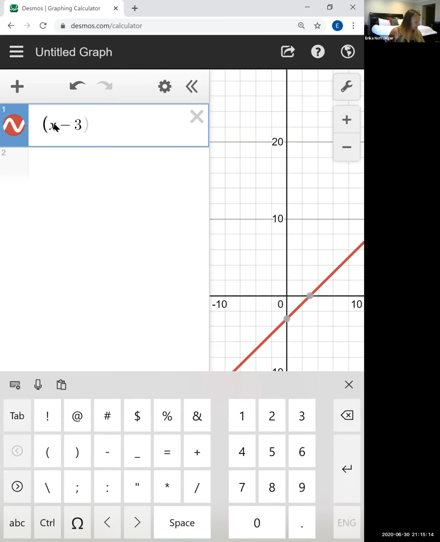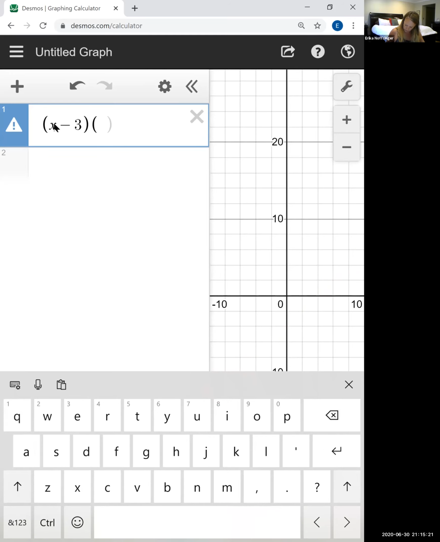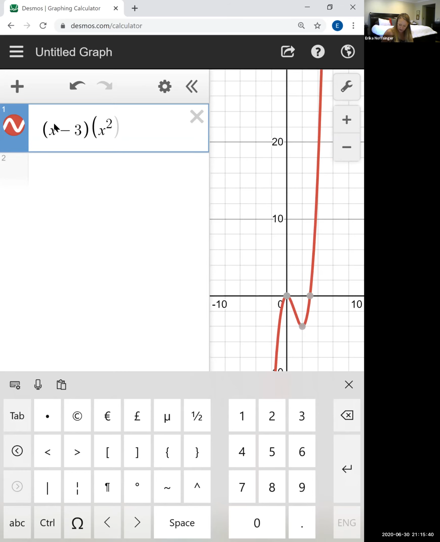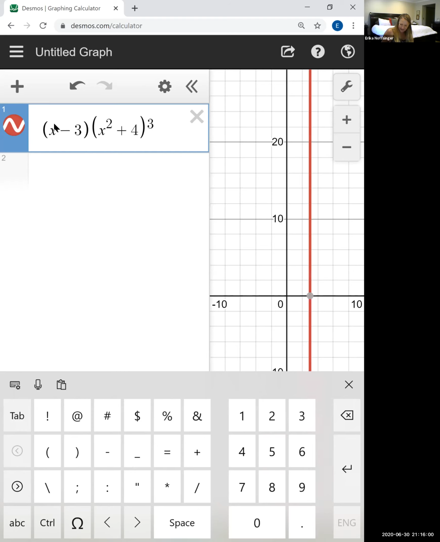It was all times x squared plus 4. And then we're going to cube that. And then I can't forget about this 2 in front.